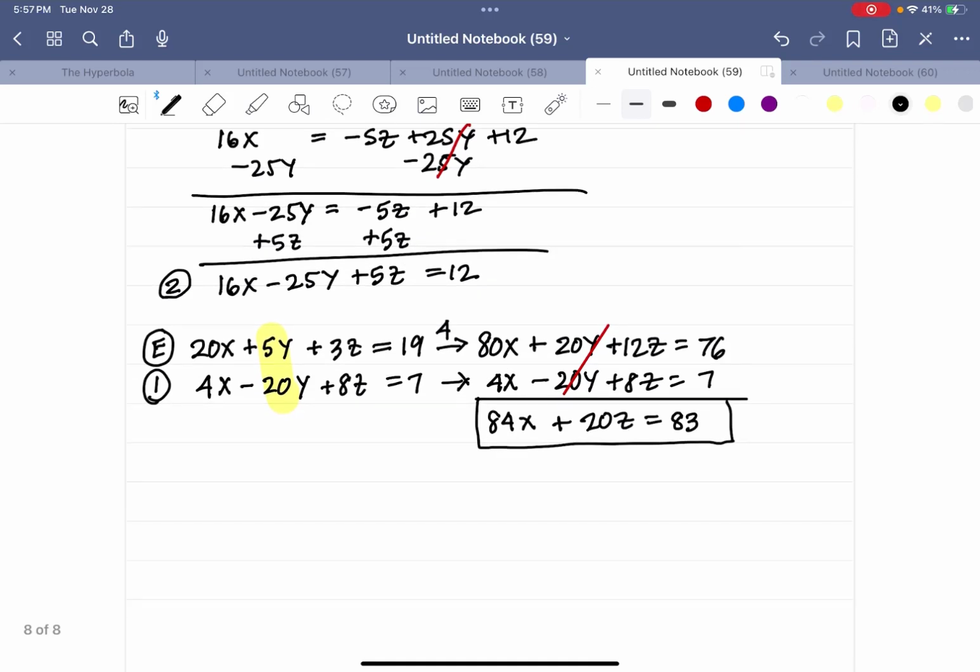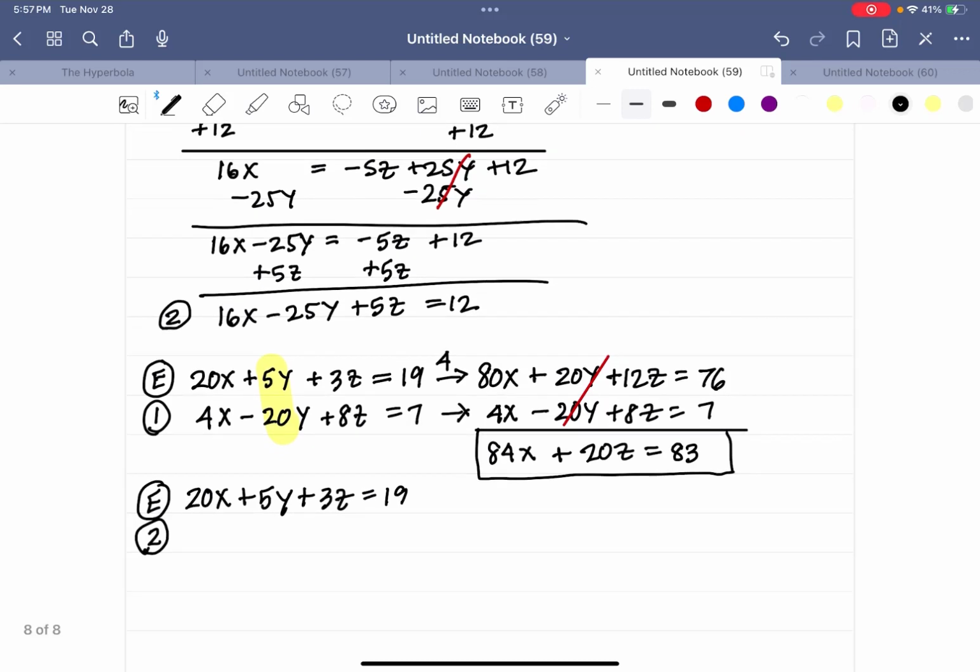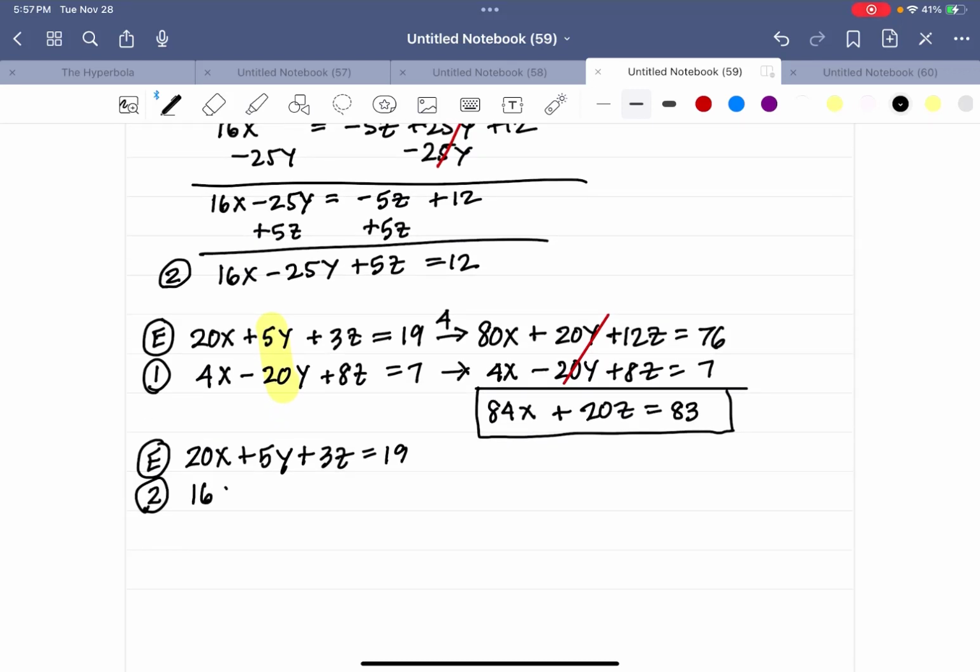Now I need another one in x and z. So eliminator with number 2. So my eliminator is 20x plus 5y plus 3z is 19. And equation number 2, after all that work, was 16x minus 25y plus 5z equals 12. So now I see if I multiply this one by 5, I'm going to get 25 and a negative 25.